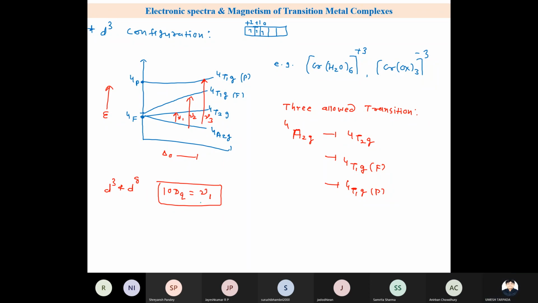Now, see 10 dq basically it is nothing but an energy difference, that is when crystal field splitting takes place in a particular complex. So exactly how you are getting 10 dq value from these transitions.